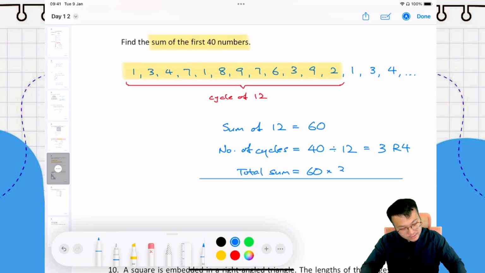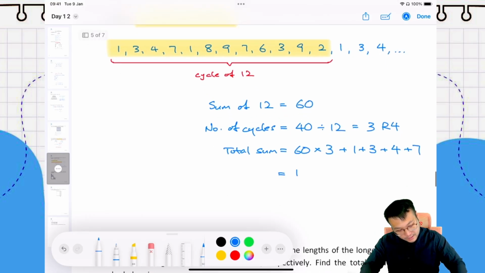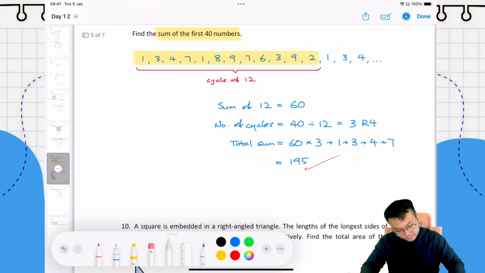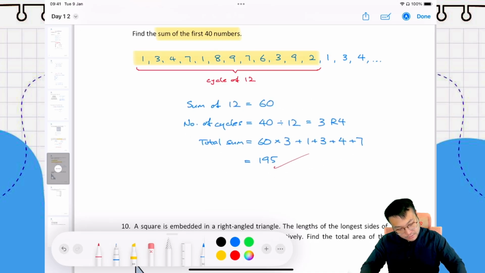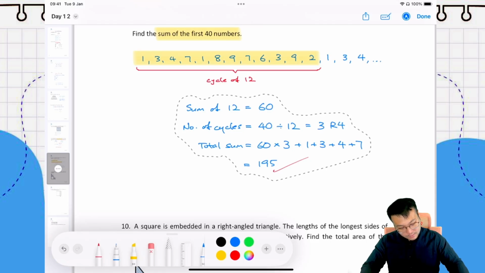You have 3 cycles. Okay? Don't forget to add the extra 4 numbers at the back. Then you will get the final answer. There you go. Okay? So that's how you do it, students. The answer is 195.